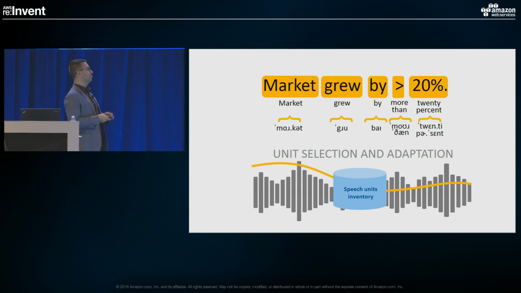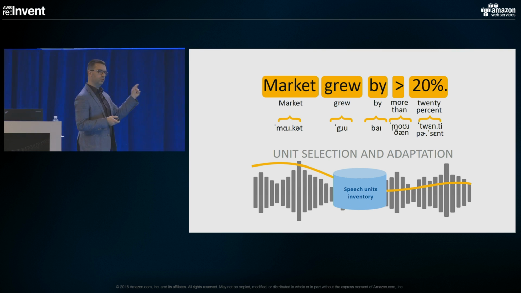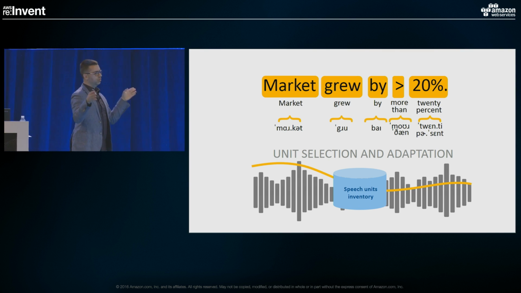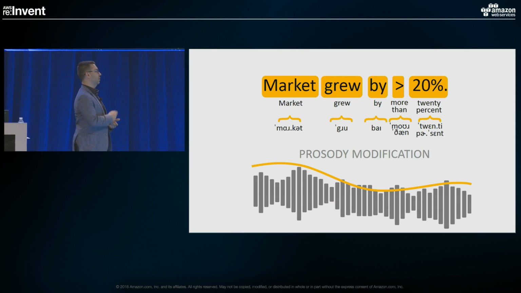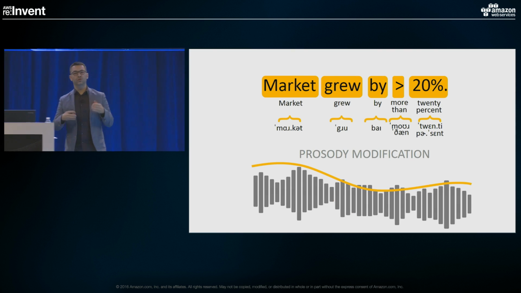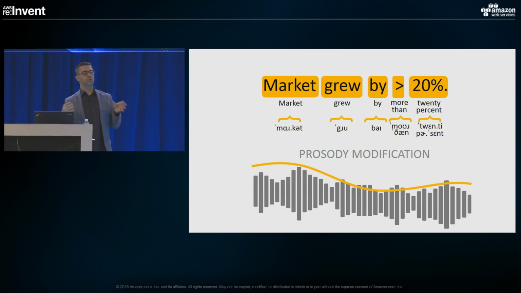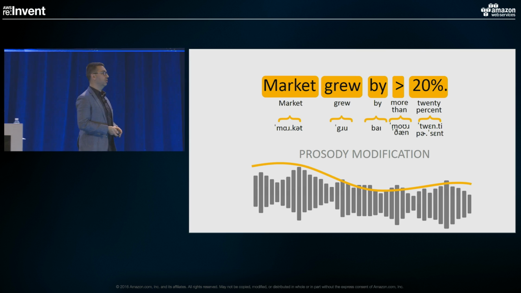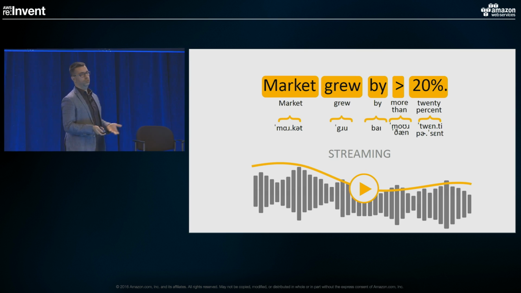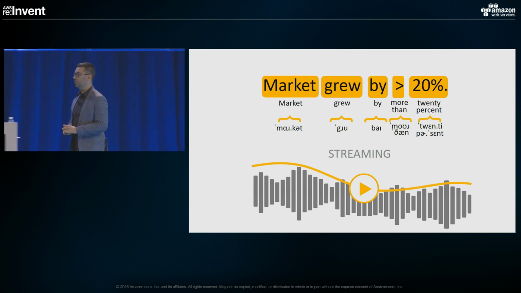In this step, we select units from this speech inventory, put them all together and adapt them to sound natural. Last but not least, we make the prosody modification to make sure that what we selected from the speech inventory matches the intonation expected from a real human being. And we can stream audio. Market grew by more than 20%. Here we are, easy as pie.